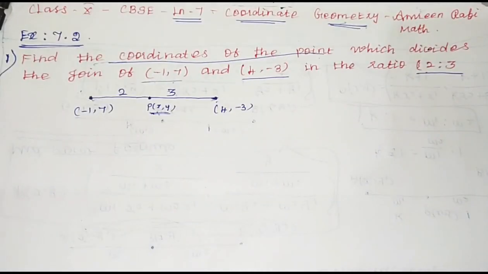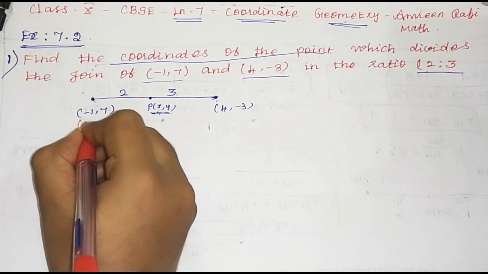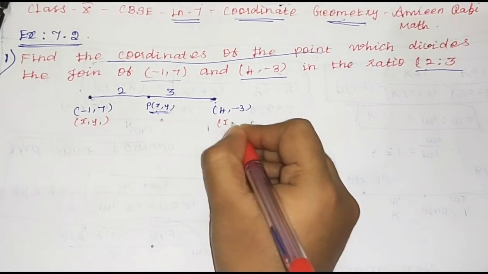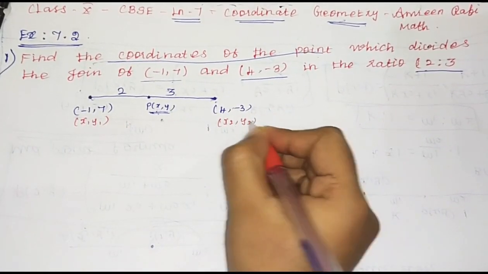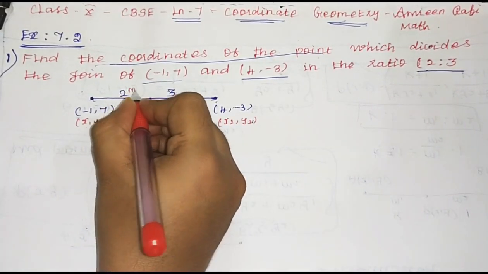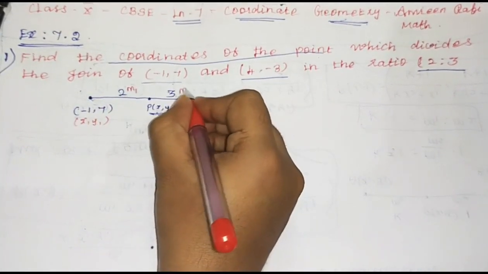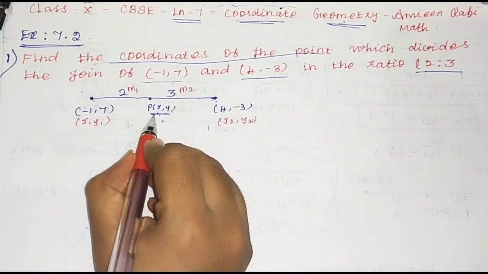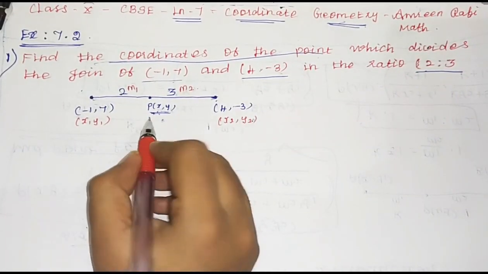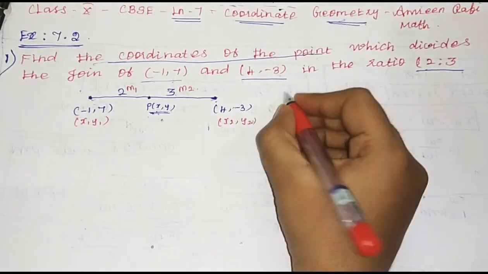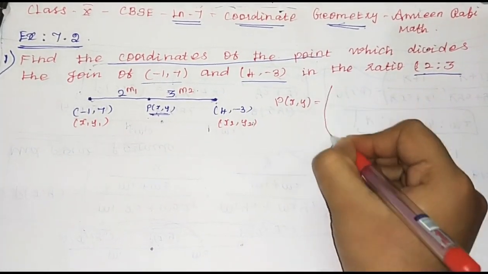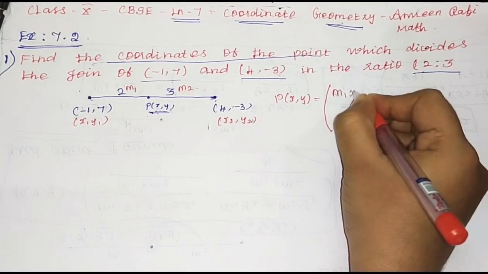So already you know very well, this point we are considering x1, y1, and this point we can consider x2, y2, and the ratio 2 we can consider m1 and 3 we can consider m2. So you have to find out P of x, y. To find P of x, y, we know the section formula. P of x, y equal to m1 x2.